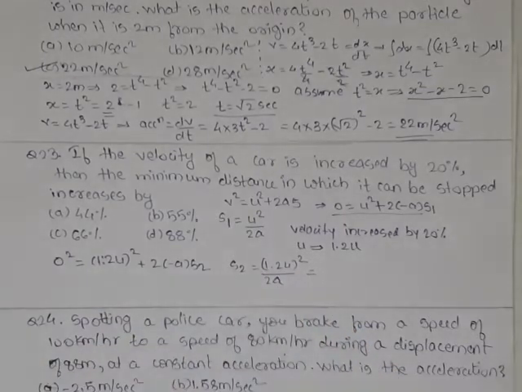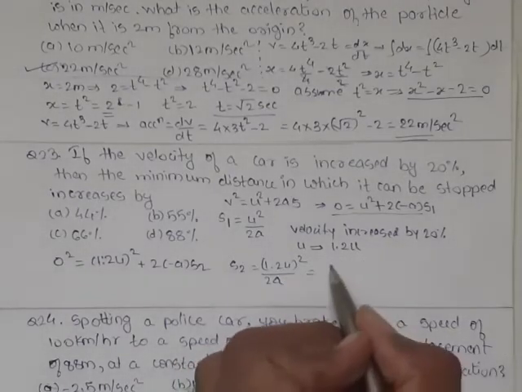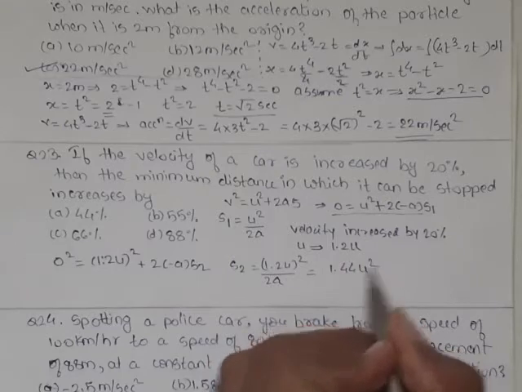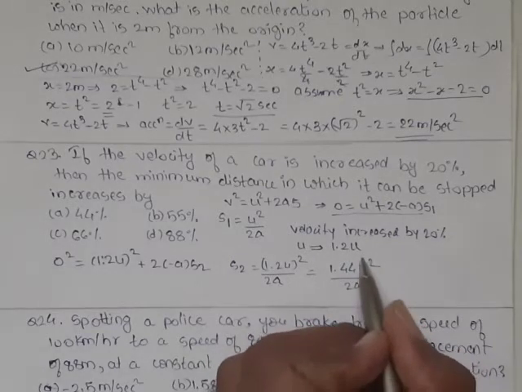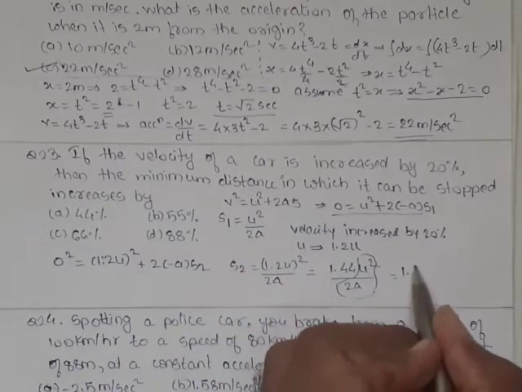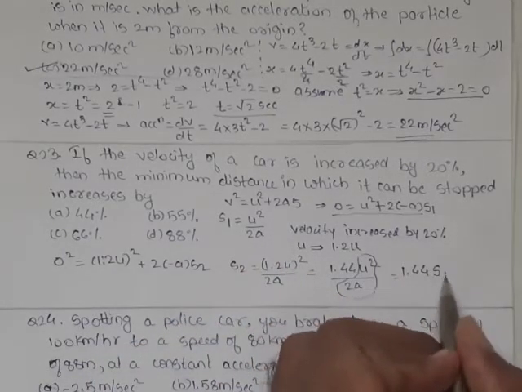So 1.2 squared is nothing but 1.44 u square as it is upon 2a. If we observe this, u square upon 2a is nothing but s1. Therefore now our s2 is 1.44 s1.